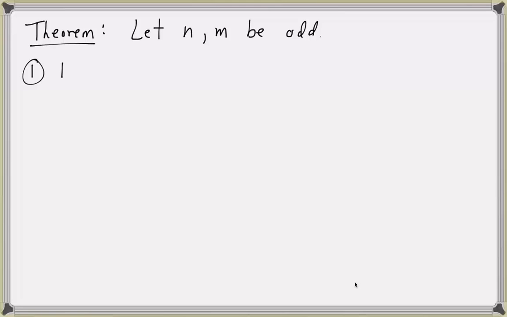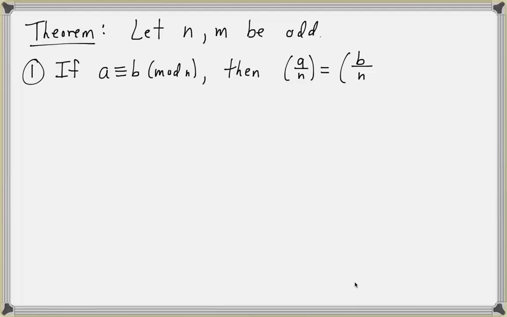First, just like the Legendre symbol, if A is congruent to B mod n, then the Jacobi symbol A over n will equal the Jacobi symbol B over n.